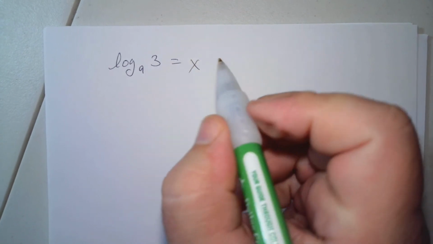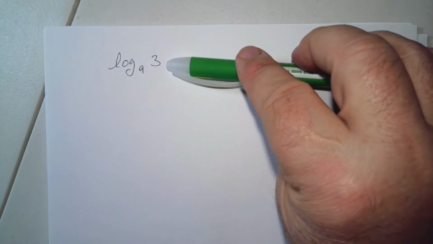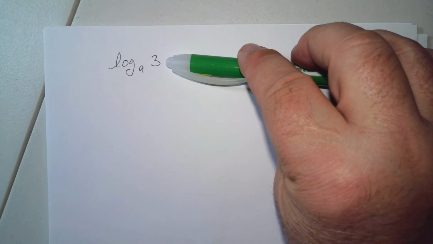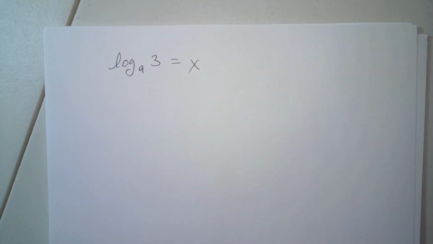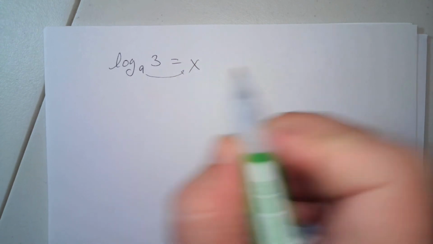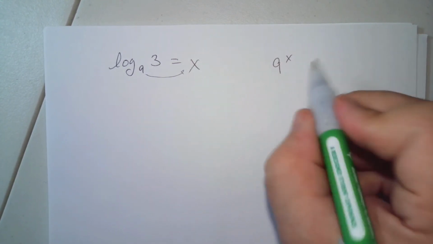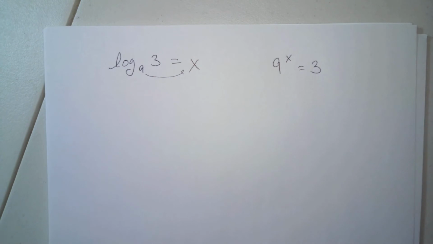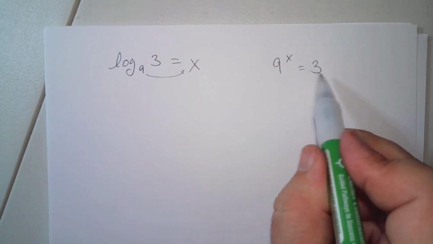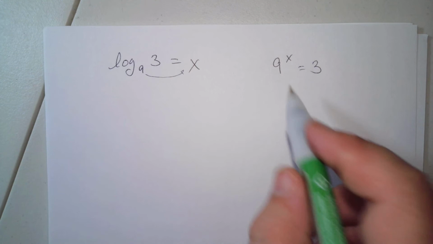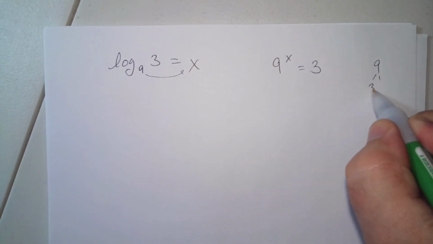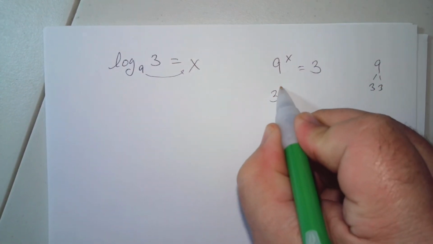There's some more examples. Now let's look at, our answer could also be a fraction. Log base 9 of 3 equals some number x. In a question, you'll just be given this. You have to put the equals x. So the 9 pushes the x: 9 to the x equals 3. Remember, we have to get the same base. So what is 9? 9 is 3 squared.